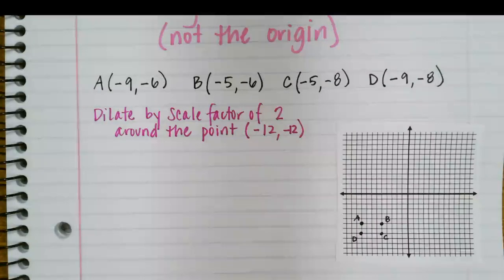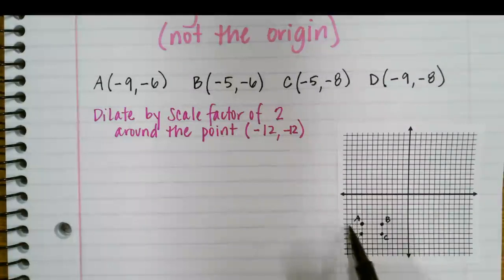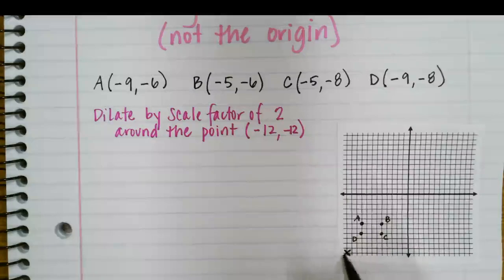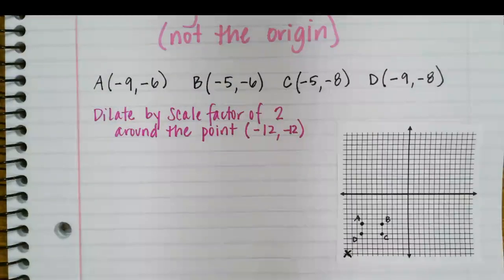Okay, so I want to dilate around the point -12, -12, which, let's see, 9, 10, 11, 12. I'm pretty sure this is my -12, -12.